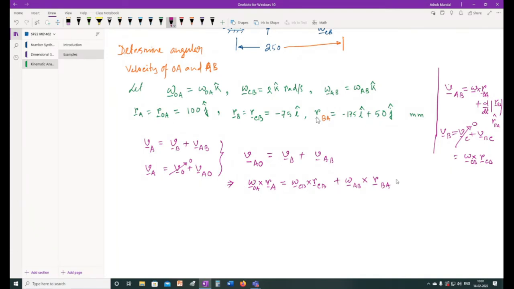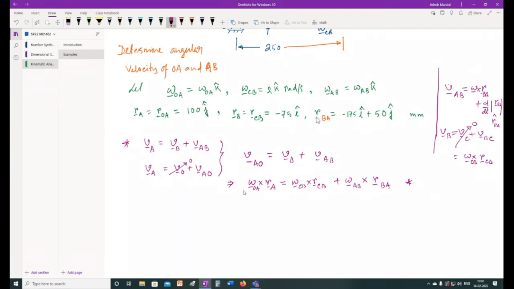If this equation is fine, now you understand this is the key equation. Any equation for planar motion is a vector equation.